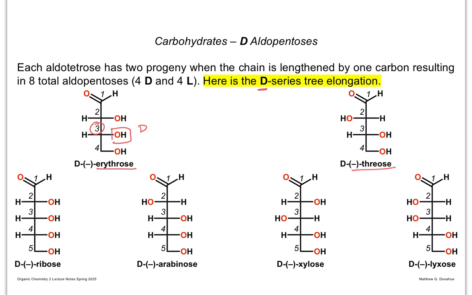So erythrose is right, right, and now ribose is right, right, right. The epimer of ribose is arabinose, so it's left, right, right.